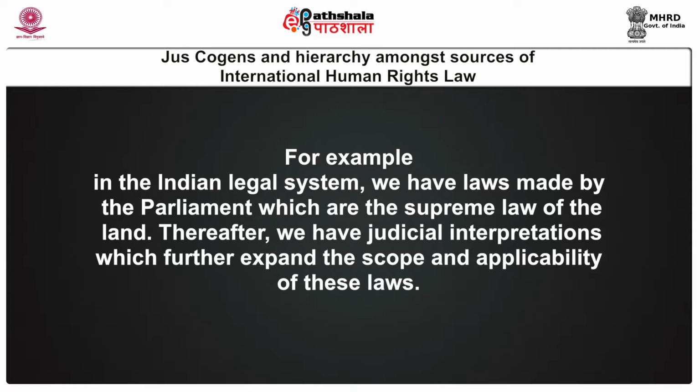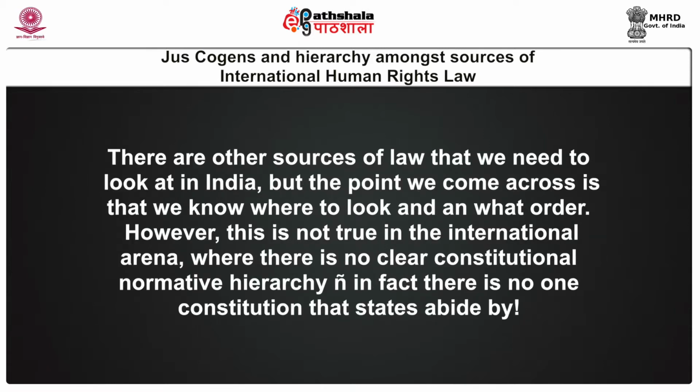Thereafter, we have judicial interpretations which further expand the scope and applicability of these laws. Of course, there are other sources of law that we need to look at in India, but the point is that we know where to look and in what order to look at them.